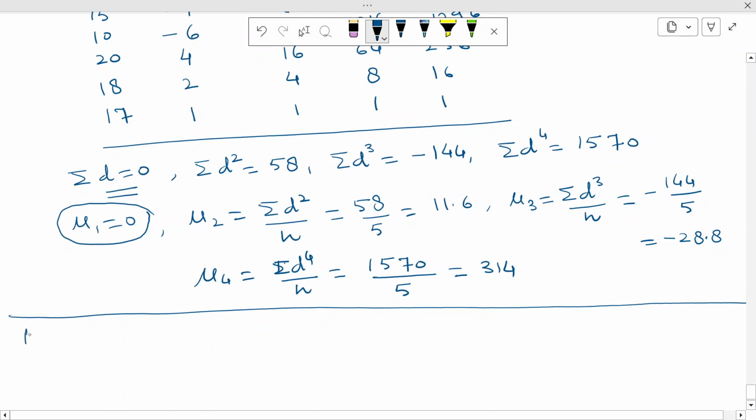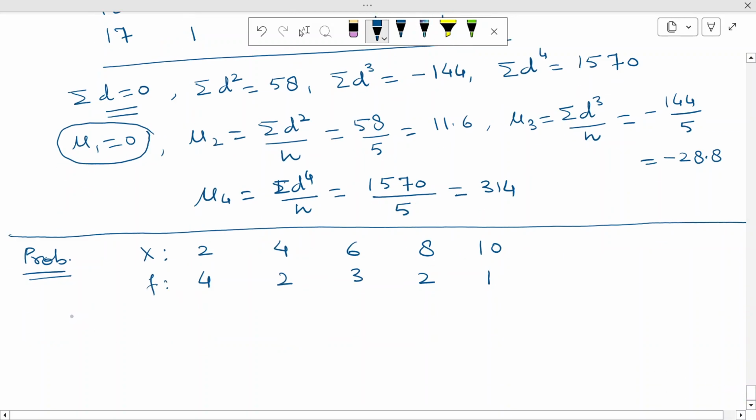We have another problem here, and in this problem we are given discrete data, with observations together with the frequency. Our observations are 2, 4, 6, 8, 10, and the corresponding frequencies are 4, 2, 3, 2 and 1, and again we have to calculate the central moments here.